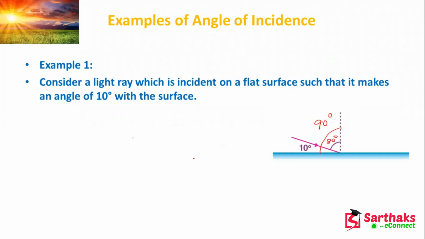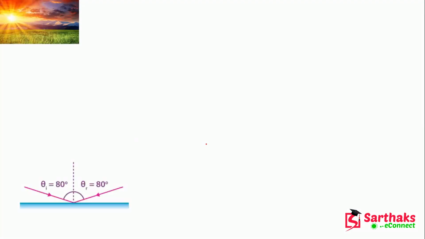So here the angle of incidence equals 80 degree. How does it come? That is 90 degree minus 10 degree, that is 80 degree. Clear? Now here you can see this one.